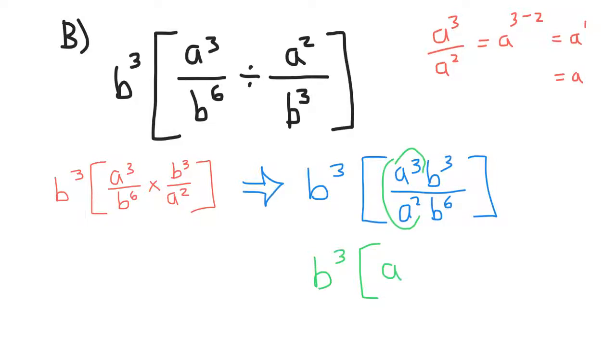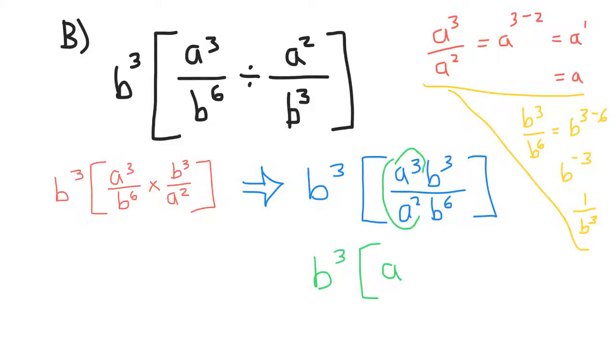Now, we still have the b to the third over b to the sixth, so we could investigate that situation in a little section over here. So b to the third over b to the sixth, what is that? That equals b to the 3 minus 6, also known as b to the negative 3, also known as 1 over b to the third.